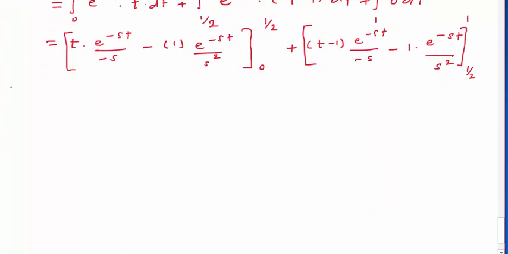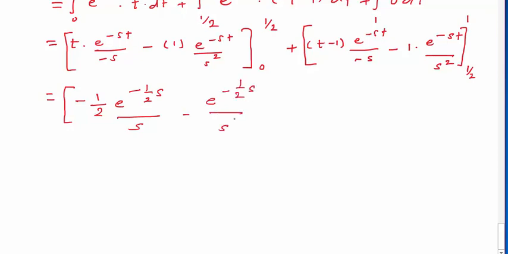So we put the upper and lower limit. First, when we apply the upper limit, in place of t we will put half and divide by minus s, so we will say minus 1 upon 2 e raised to minus s into half, s also we can say, so better I write e raised to minus half s divided by s minus e raised to minus half s divided by s square.